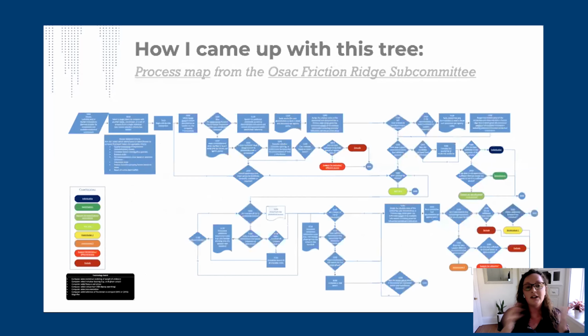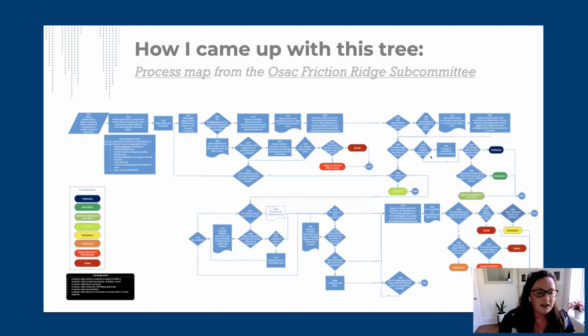And so really how I came up with this tree was using the process map from the OSAC friction ridge subcommittee. If you're familiar with the paper that I'm using, this is a slightly different tree from the version in the paper because the process map was officially published after we had submitted the initial draft.